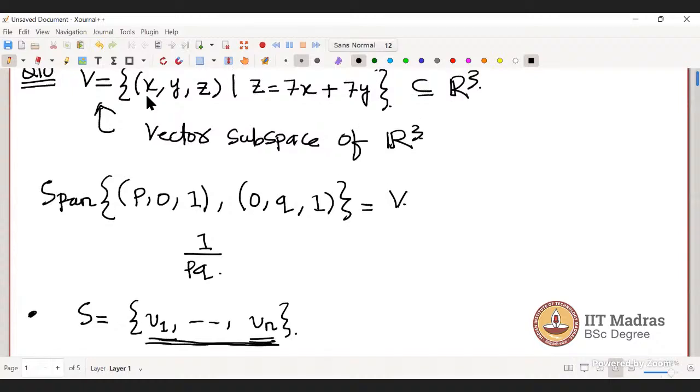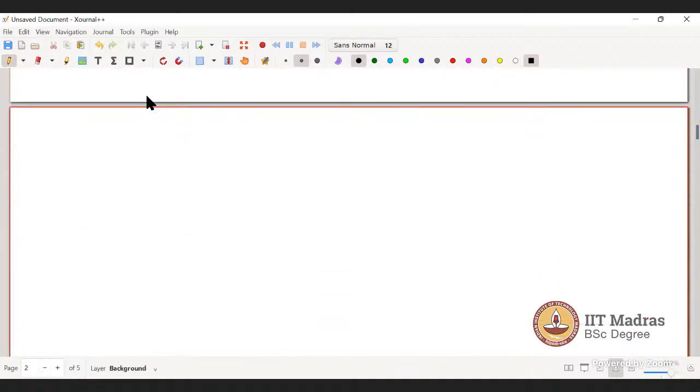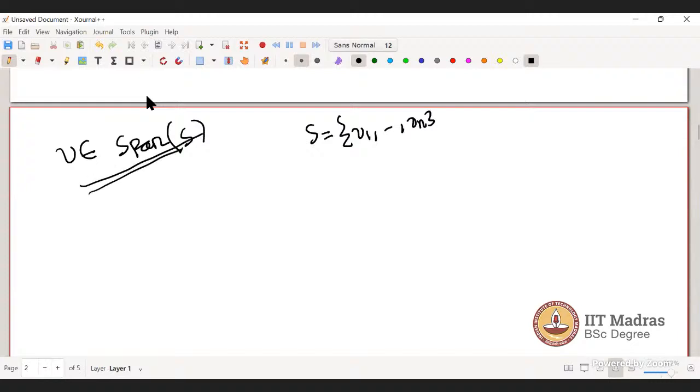As a coefficient. Yes. So basically, a vector V is in span of S. Suppose S is V1 to Vn. A vector is in span of S if you can write this vector as a linear combination of all these Vi.